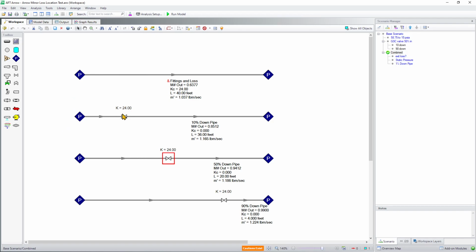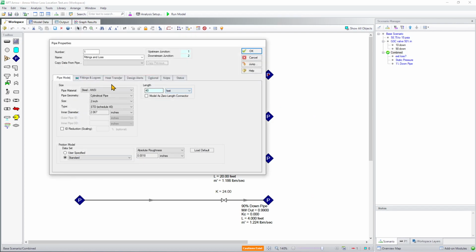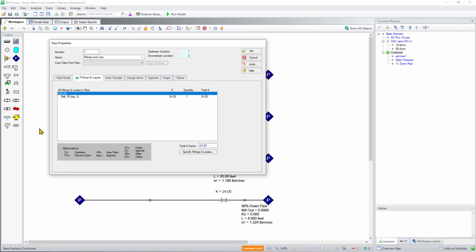If we go 10% down the pipe and place the valve, if we go halfway down the pipe, place the valve, or if we go 90% down the pipe, place the valve, all three of these compared to what if we just include the valve as a fitting and loss.